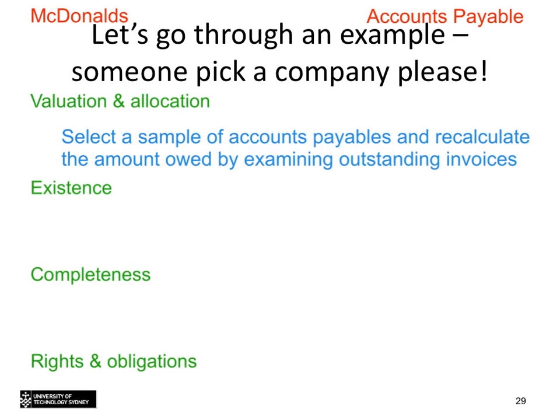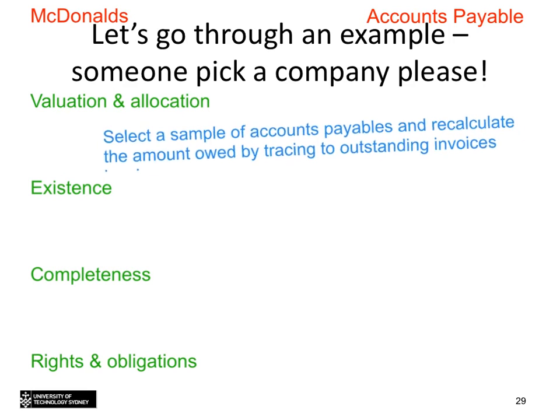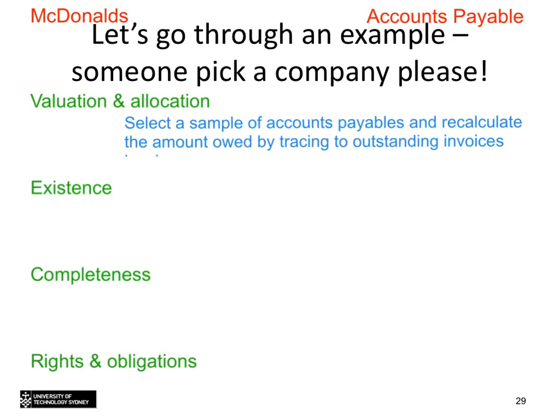Oh, let's make that even more clear. Select a sample of accounts payable and recalculate the amount by tracing to outstanding invoices. There we go. All right. So that's one there I could use for valuation and allocation.